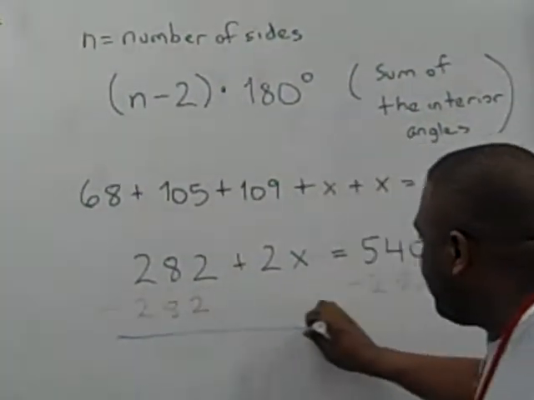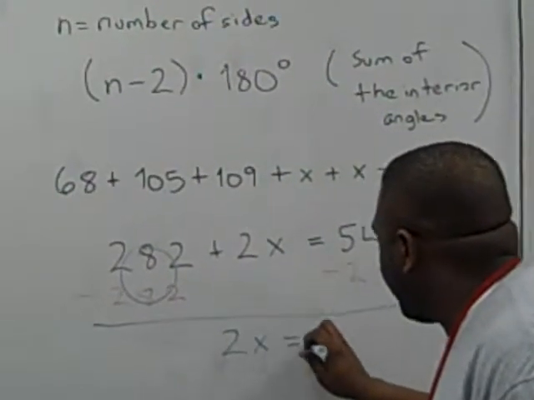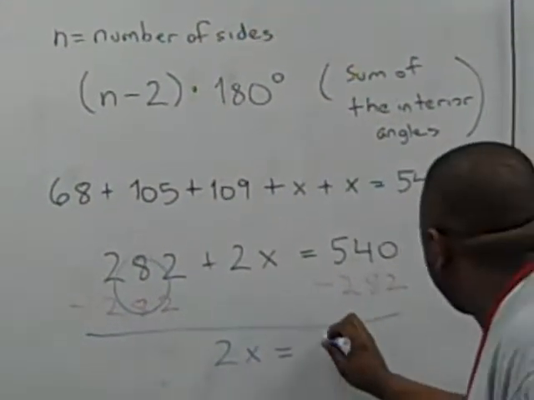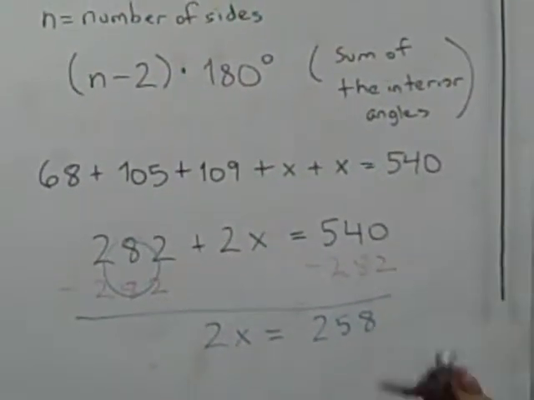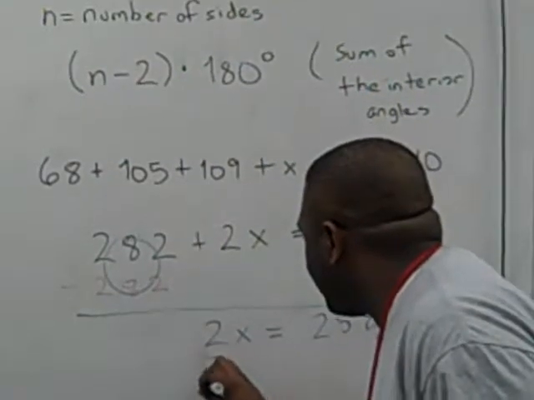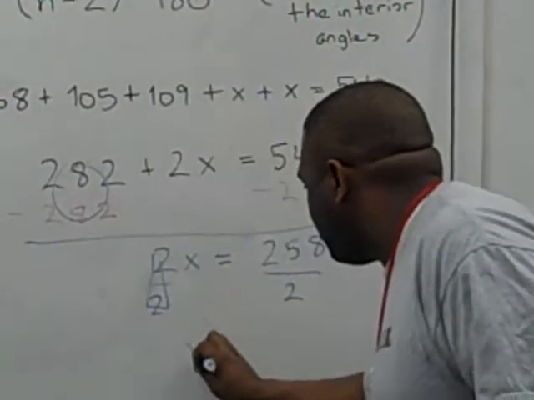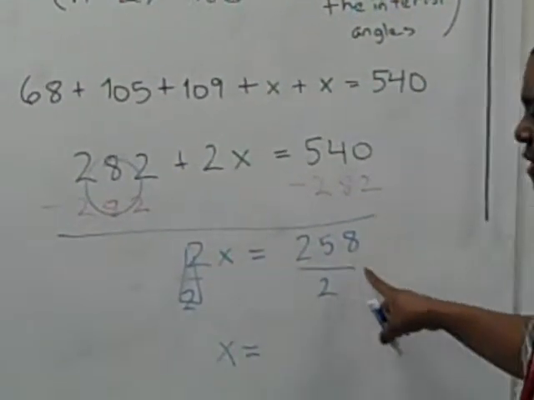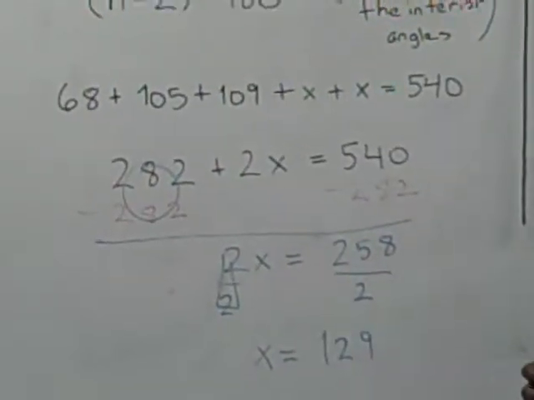And I'm going to get 2x equal to 540 minus 282 gives us 258. And then divide 2 to both sides. Cancel those out. I'm going to get x equal to 258 divided by 2, which is 129.